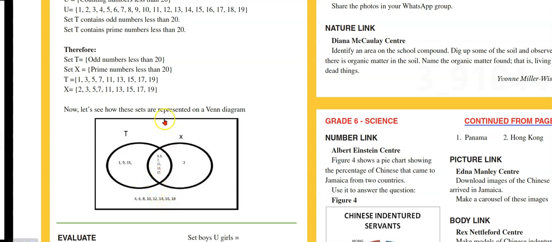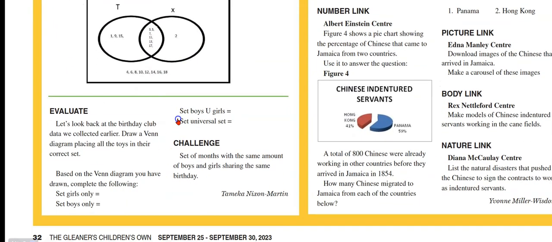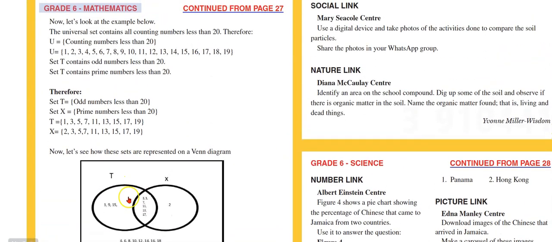Where's our 19? 19 needs to be represented here. And it should be in the middle, because 19 is common to both. So they have left out 19 there. It's common to both, so 19 would not be only in one set because it appears in both. Okay, so 19 needs to be here.